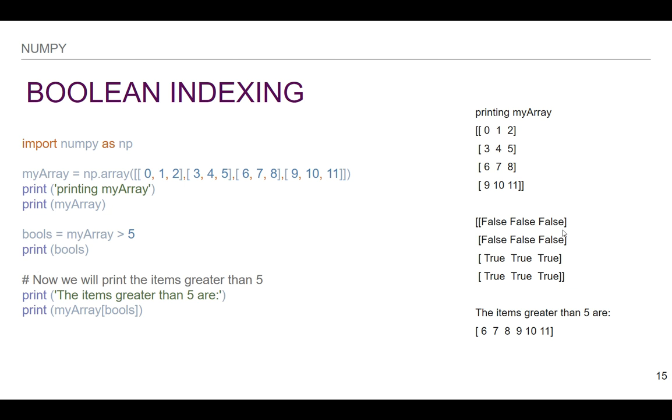So for all elements that are greater than 5, we get true, and the ones that are not, we get false. Now we will print the items greater than 5. So if you want to print my array of this bools, then you get the items that satisfy this condition.